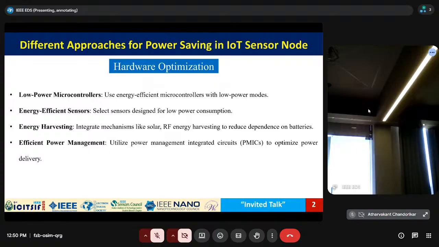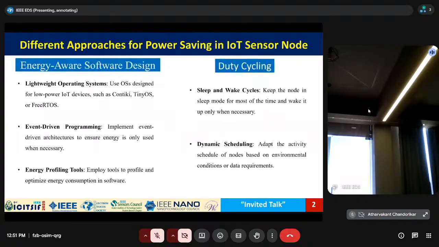It should consume very minimal power in standby, because most of the time the sensor is in standby. We can also integrate energy harvesting with the sensor node so that the battery life improves, and we can use efficient power management systems to increase the battery life. Those are the things you can do at the hardware level.